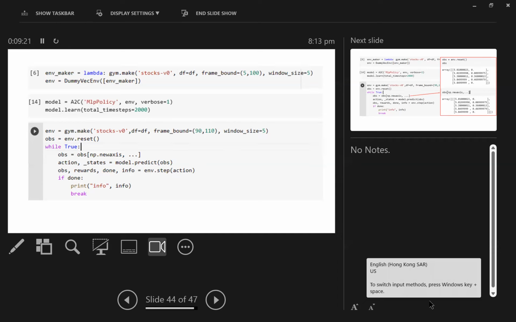After that, we call A2C. I can't go into that; A2C has a lot of different ways to do reinforcement learning. One of them is to make use of a straightforward neural network, so we use that policy together with the environment maker, and run it. After that, we learn. Total time steps is 2000.